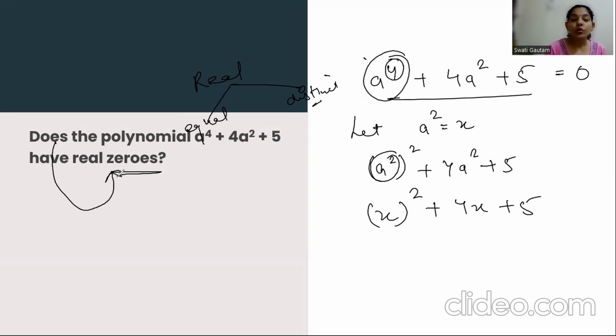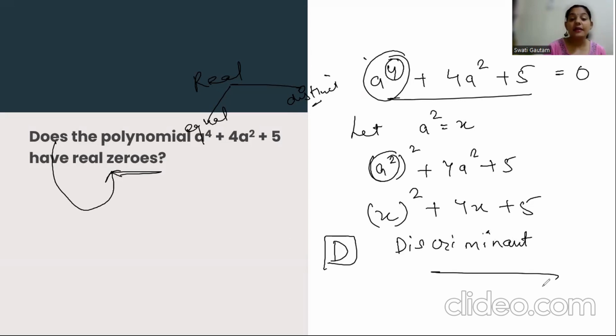So to see whether the zeros are real or not, I have to find D. What is D here in polynomial? The capital D is discriminant. The capital D is discriminant. What is discriminant formula? So D is equals to B square minus 4AC. This is the formula for discriminant.